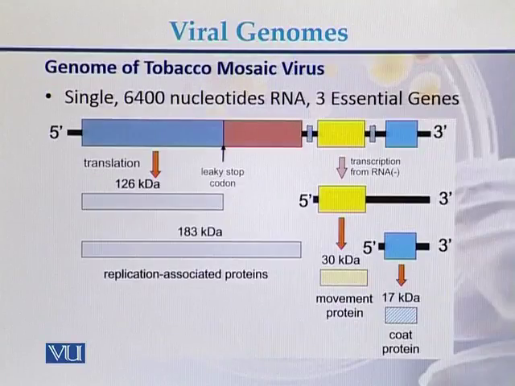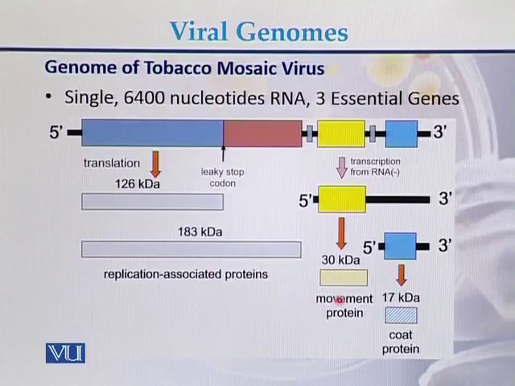This is the example of the genome of tobacco mosaic virus. The size of the genome of tobacco mosaic virus is approximately 6,400 nucleotides. There are 3 essential genes present on the genome. One gene, gene number 1, is the replication associated protein.